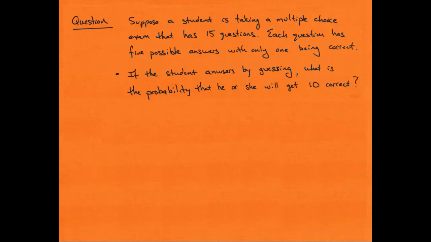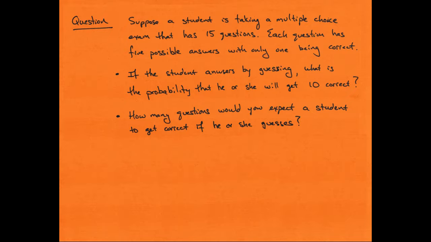The first question is, if the student answers by guessing, what is the probability that he or she will get 10 answers correct? And to follow that up, how many questions would we actually expect a student to get correct if he or she is only guessing at the answer? That's a pretty good question there.